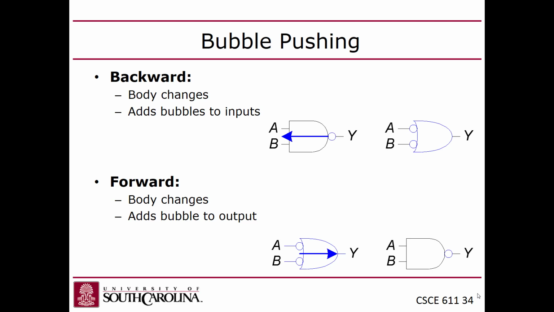So for example, in this case, let's say this was your last gate, because Y is your final output, right? You can take the bubble that would inevitably be on the output of this gate, because we're using all negated gates, and you can push it backwards by taking the bubble off the output, putting it on the inputs, and converting the gate to an OR. That just applies De Morgan's law, right?